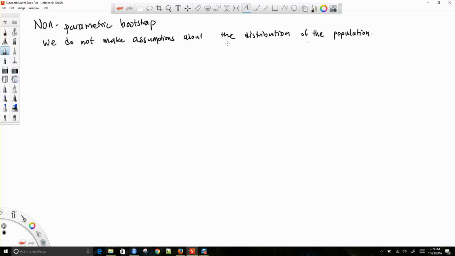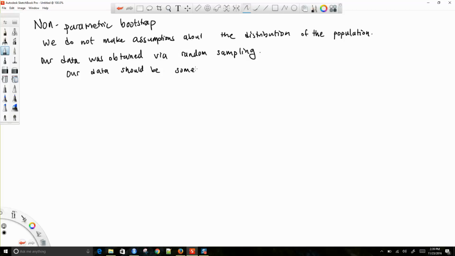The key in nonparametric bootstrap is that our data was obtained via random sampling. And so according to the laws of probability, because it's coming from random sampling, it should be to some degree representative of the population. So our data should be somewhat representative of the population.